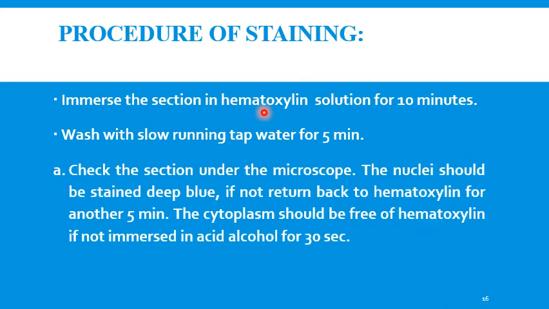Then check the section under the microscope. The nuclei should be stained deep blue. If not, return to hematoxylin for another 5 minutes. The cytoplasm should be free of hematoxylin; if not, immerse in acid alcohol for 30 seconds. Then transfer the section to eosin for 5 minutes.